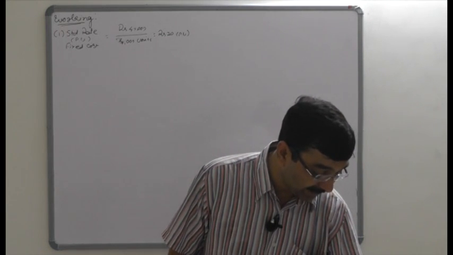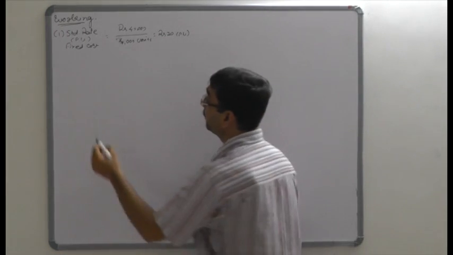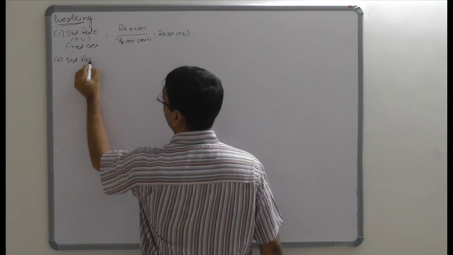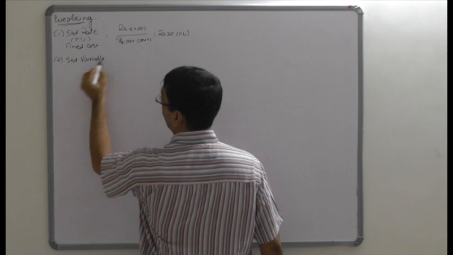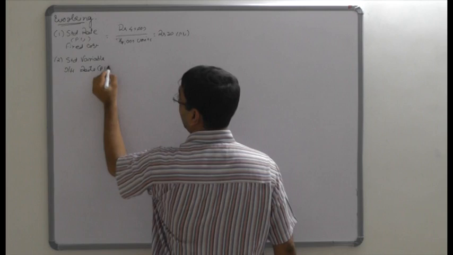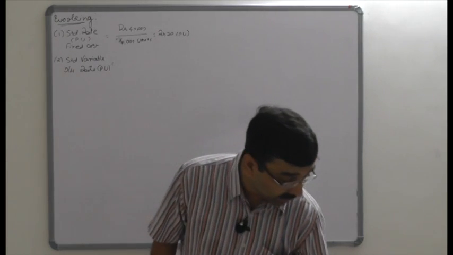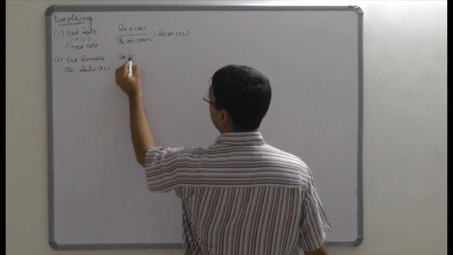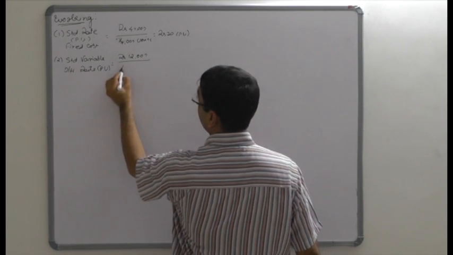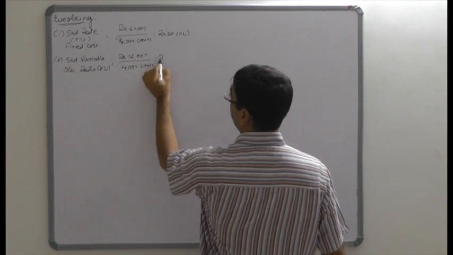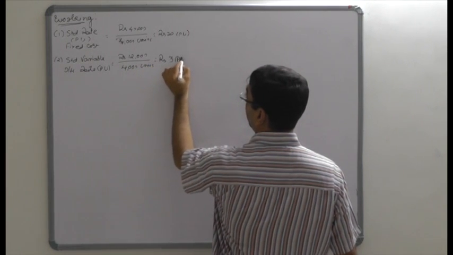Now in the same way we will identify the standard variable overhead rate. Standard variable overhead rate per unit, and for that we need to identify how much variable expenses are given: 12,000 rupees. So 12,000 rupees divided by the same 4,000 units, and it comes to rupees 3 per unit.